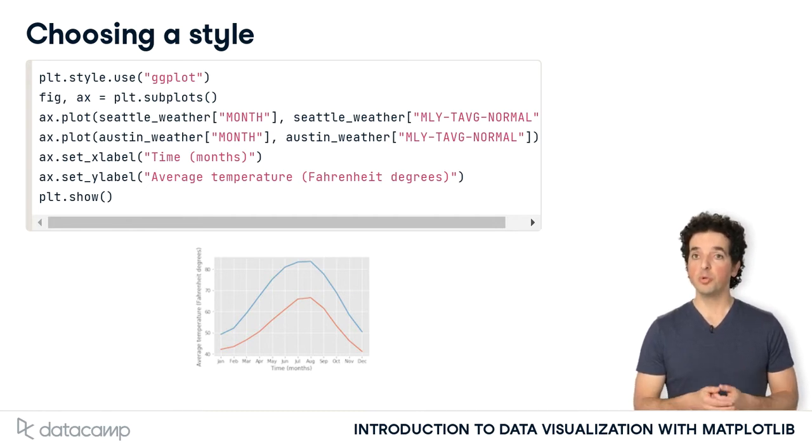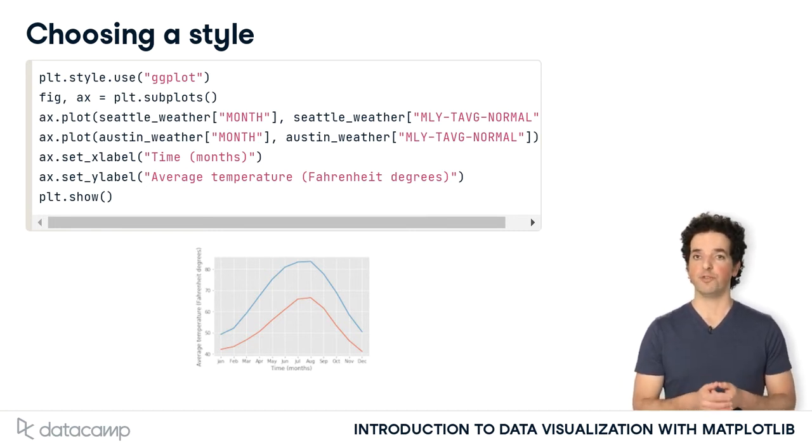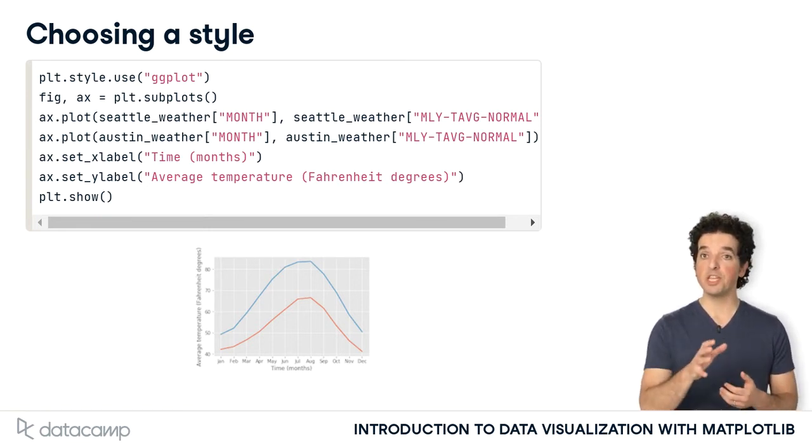Either way, you will notice that setting the style didn't change the appearance of just one element in the figure. Rather, it changed multiple elements. The colors are different, the fonts used in the text are different, and there is an added gray background that creates a faint white grid marking the x-axis and y-axis tick locations within the plot area.